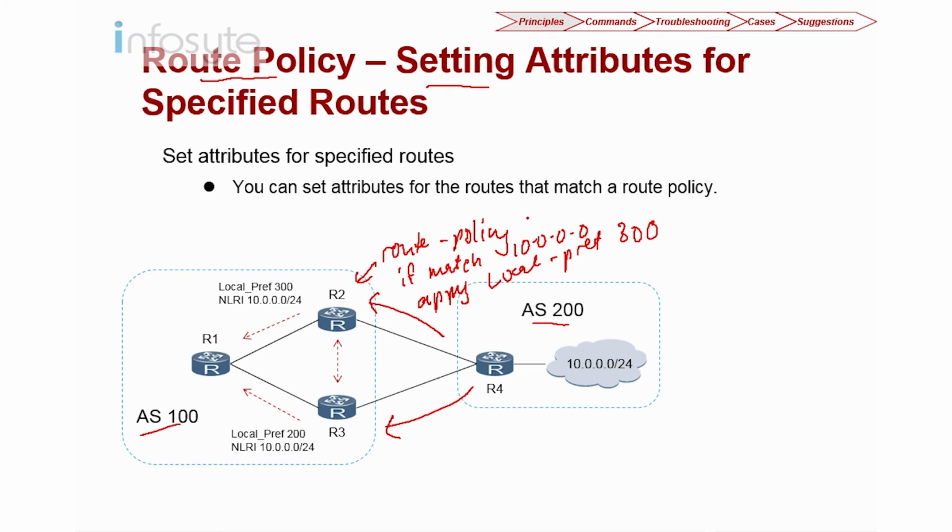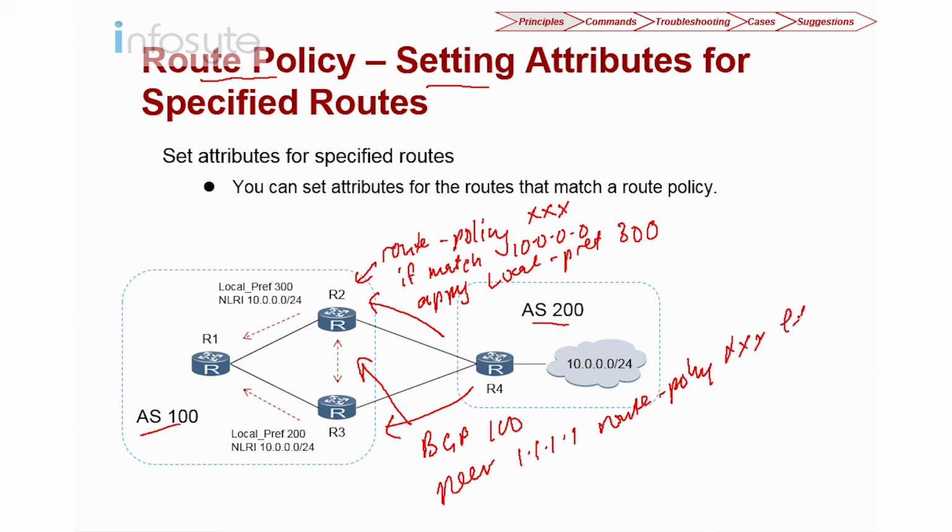Once you have a route policy, let's say I call it XXX, I'm going to apply it under BGP on router 2. Under BGP 100, I'm going to say peer 1.1.1.1 route-policy XXX export. So this route policy that matches the 10 network, we're going to send to R1.